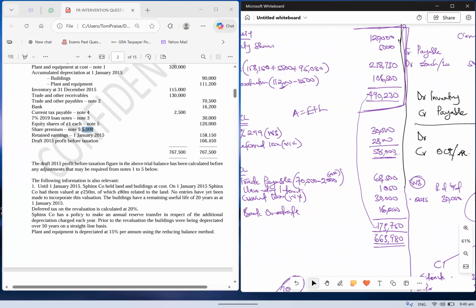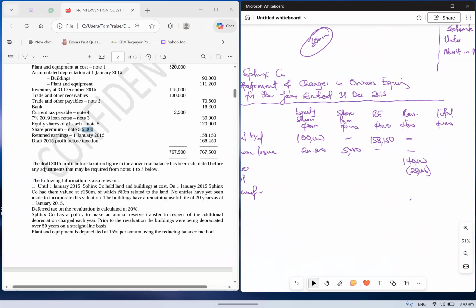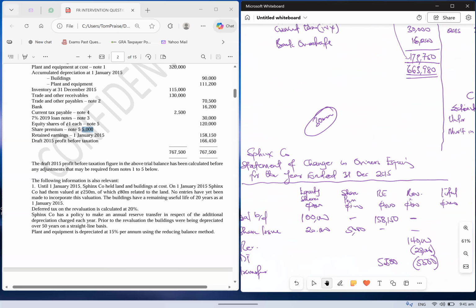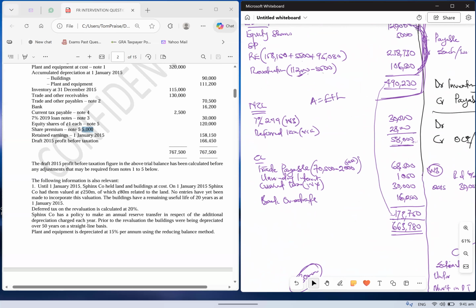At the end of the day, the final answers of your statement should be the figures you see here. So if your balance sheet didn't balance, then whatever you'll be doing is wrong. So here you move it from the OCI and you bring it here, 5,500. Then lastly is the profit you had, the profit for the year, the one you came to add. So you see that your retained earnings is this plus this.